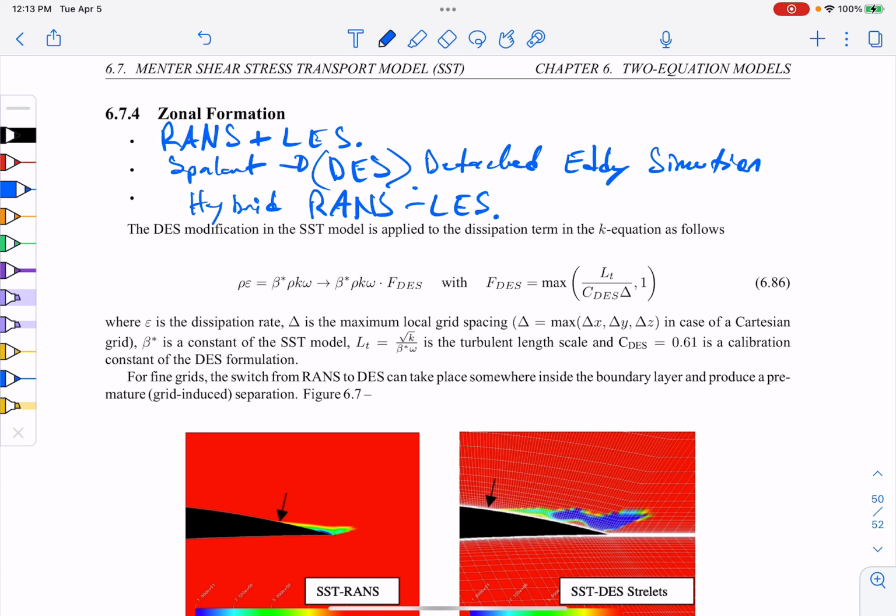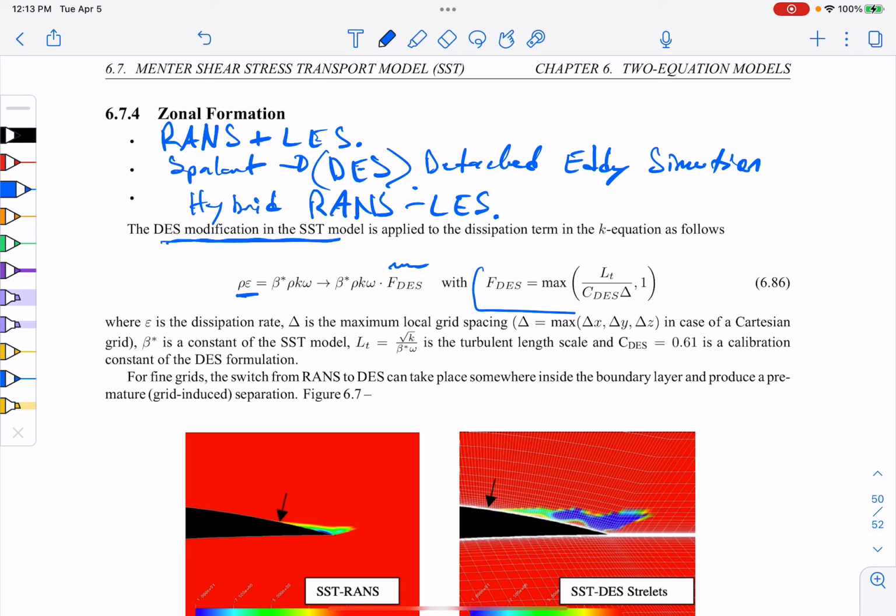So the original contribution of DES into either the Spalart one equation model, or the Menter SST model, for example, DES, detached eddy simulation for Menter SST, can be done very simply. It's just a matter of reformulating the destruction part of the model and adding a new factor called FDES, which is just a function for DES.